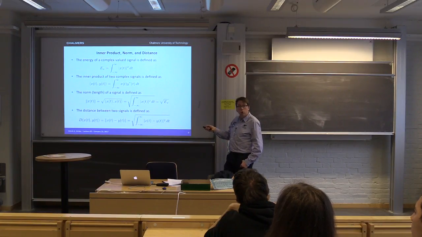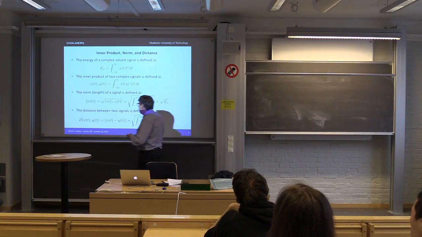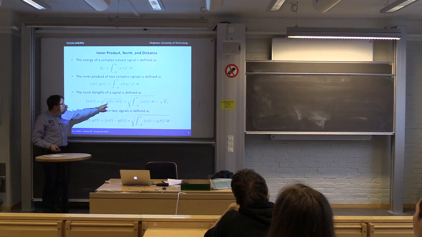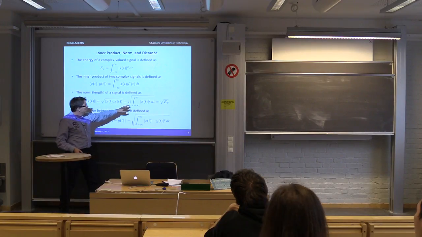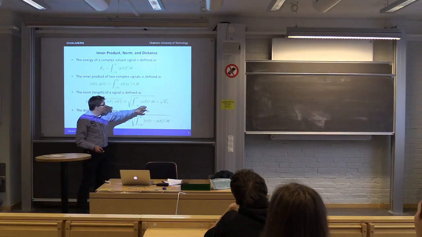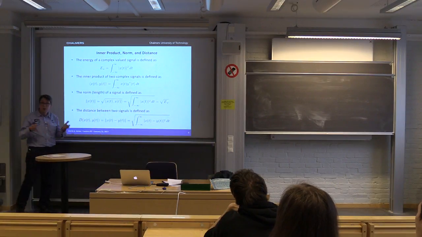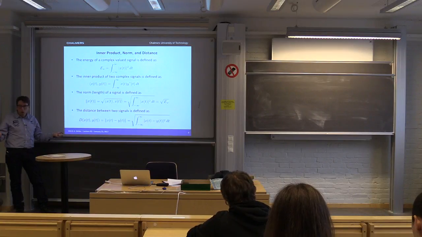The norm, which we can think of as the length of a signal, is denoted with double vertical bars. It's the square root of the inner product of x with itself, and we know that the inner product of x with itself is just its energy. So the square root of the energy is the length of a signal. Do we think a signal is large or small?